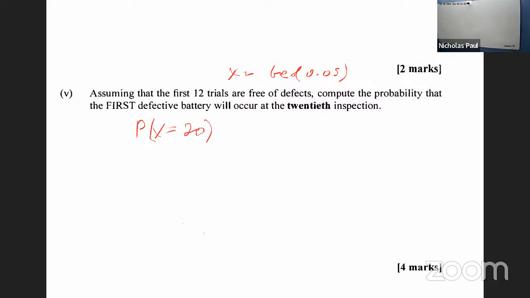Okay, ask them for that. How much did you get for x equals 20? All right. Okay. I'm not too sure about it.